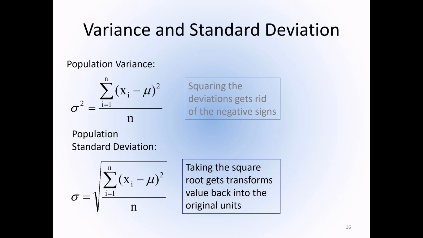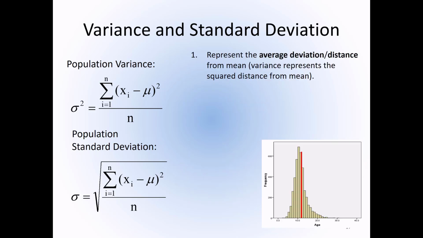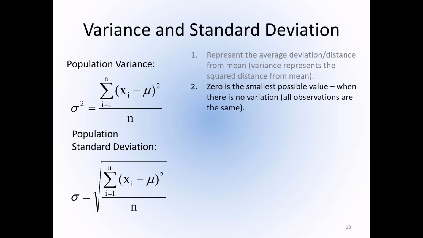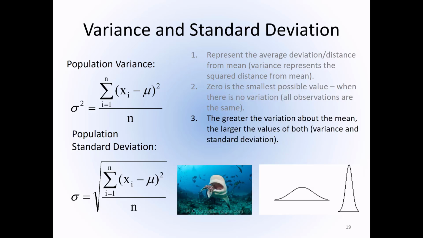And so we can use these, the variance and the standard deviation, to get the average amount of variability that we have in our respective data. So it's how much on average do our data points deviate from the mean itself. And this means that our variance and our population standard deviation can range from 0 to a particularly large value. The larger the value, then the more variability we have.